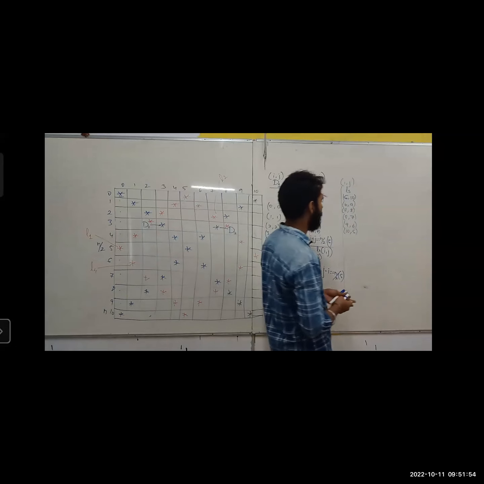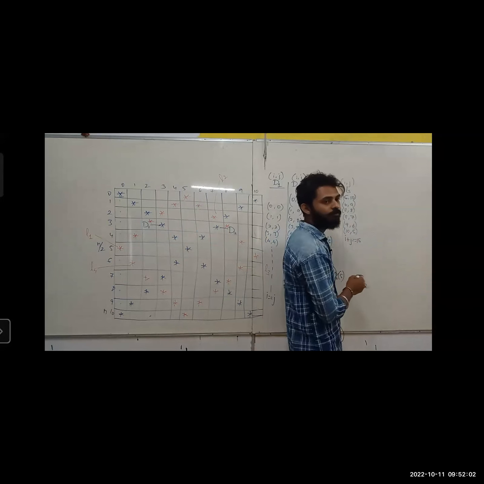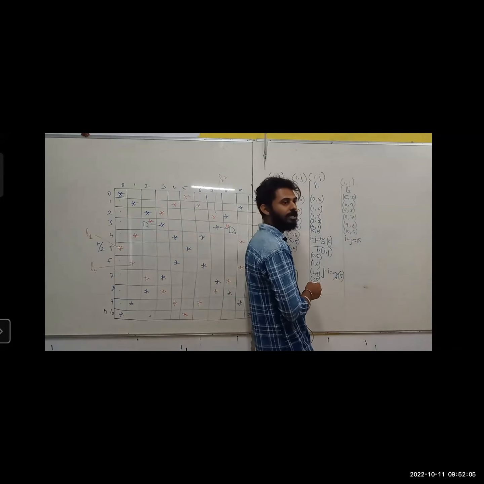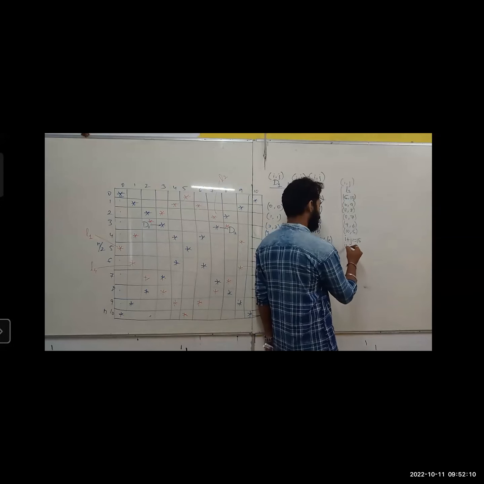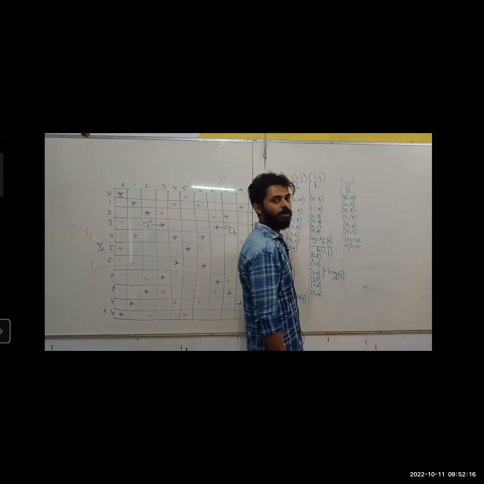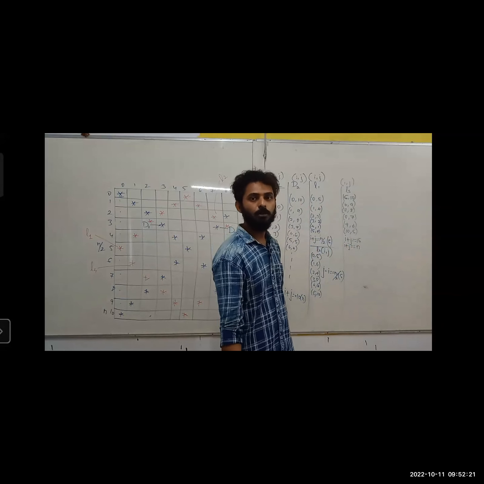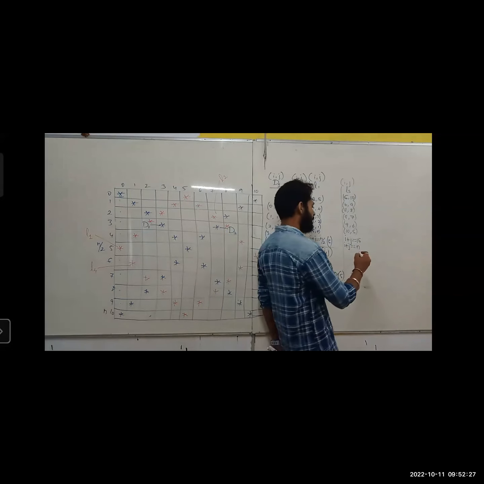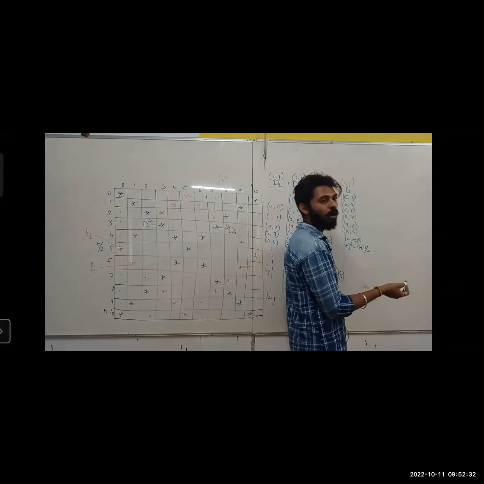In simple words, I can tell that i plus j equals 15. But I cannot directly tell that as 15. So first I'll write i plus j equal to n. N means 10. But do I want 10? No, I want 15. How many more do I need? 5 more. So I'll just say plus n by 2. How much will I get?